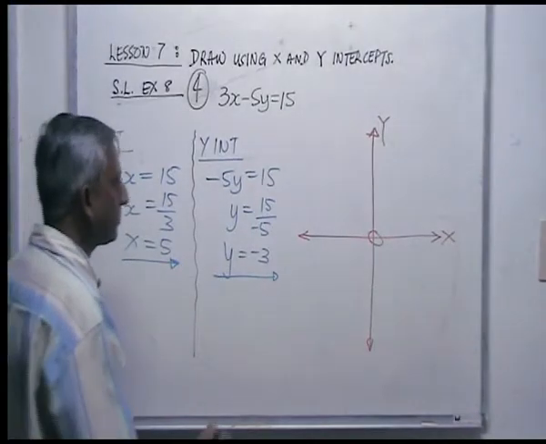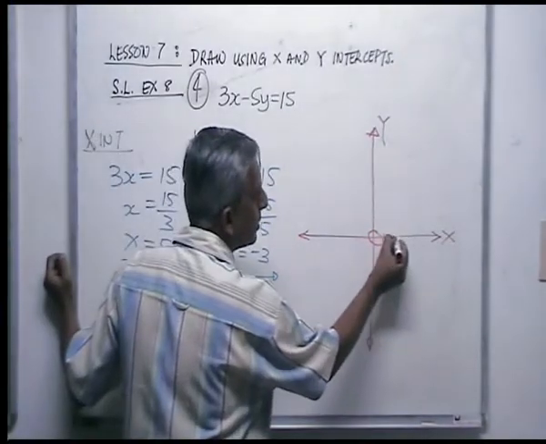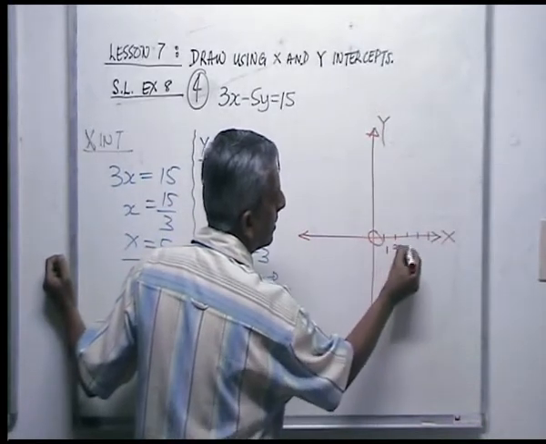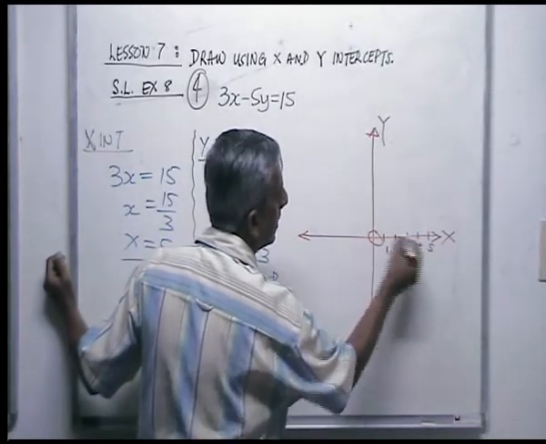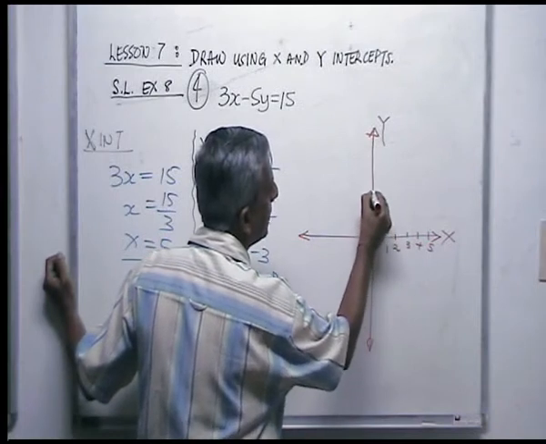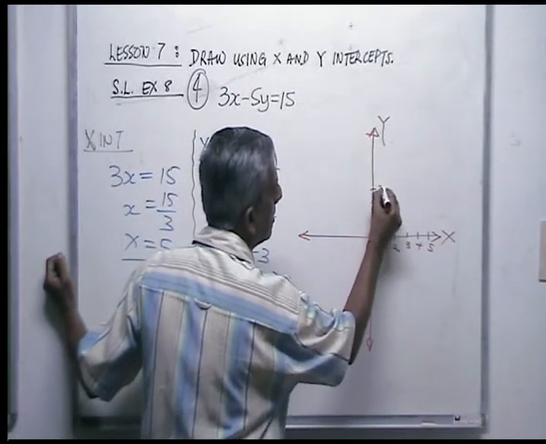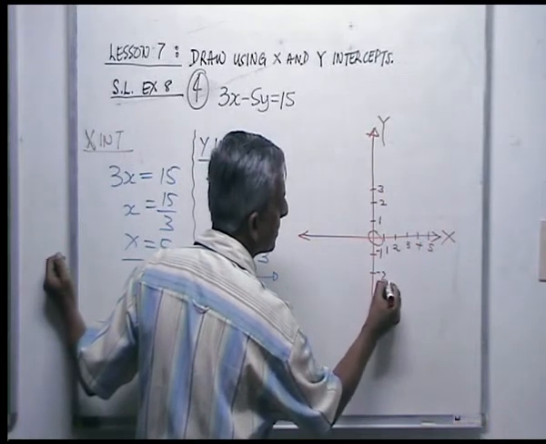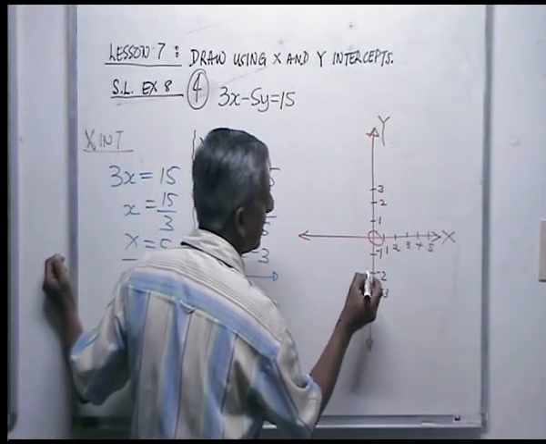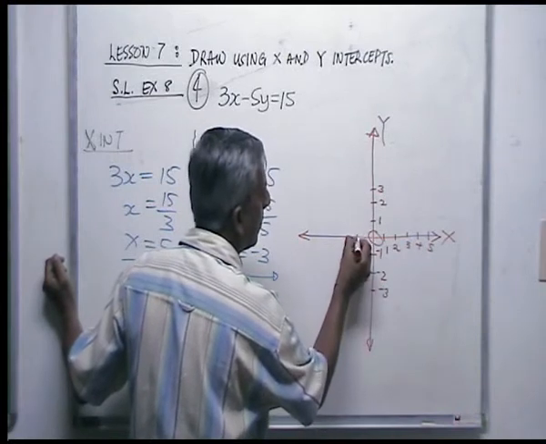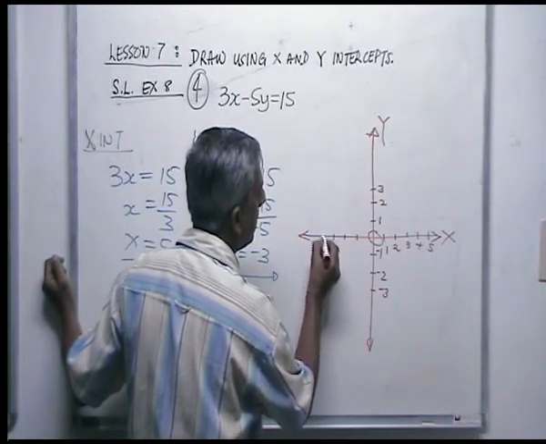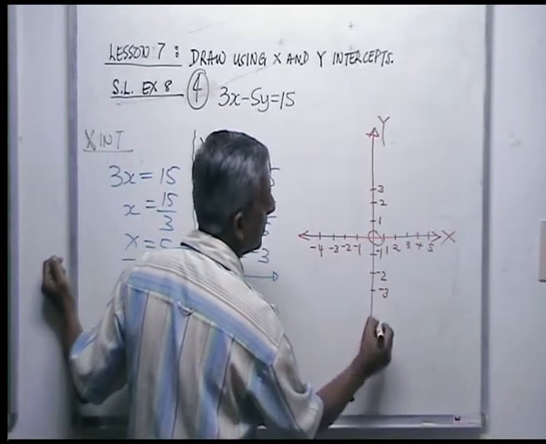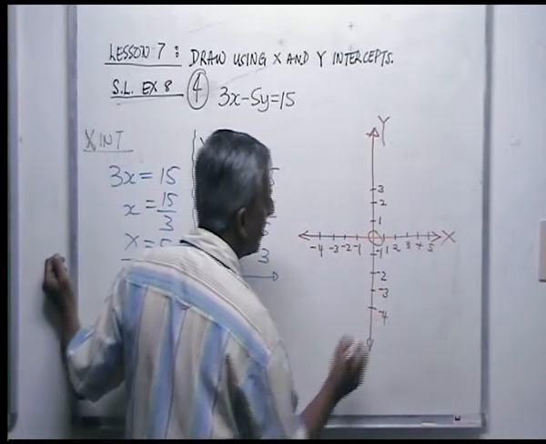Now you want 1, 2, 3, 4, 5. 1, 2, 3. Minus 1, minus 2, minus 3. 1, 2, 3, 4. Minus 4, minus 3, minus 2, minus 1. And if I like, we put a minus 4 there.